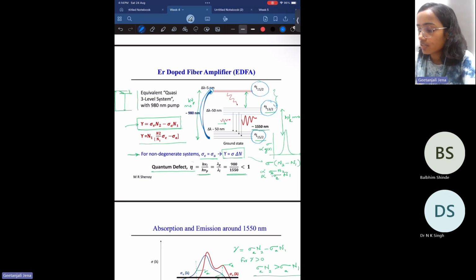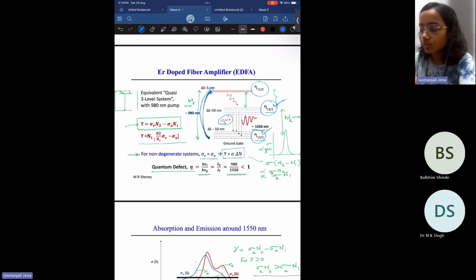The metastable state here is 4I 13/2, and the ground state is 4I 15/2. Now, to make a transition from this metastable state, we use a weak signal, which is around 1550 nanometer.